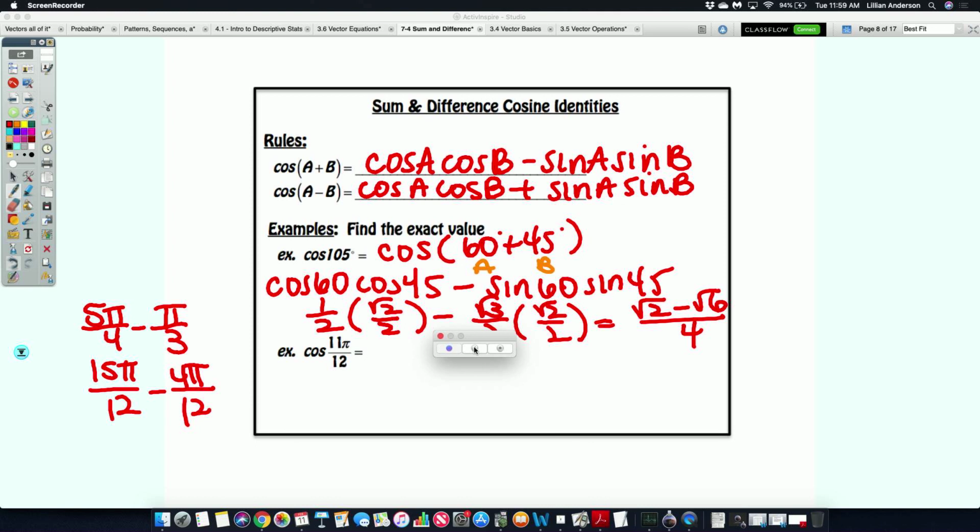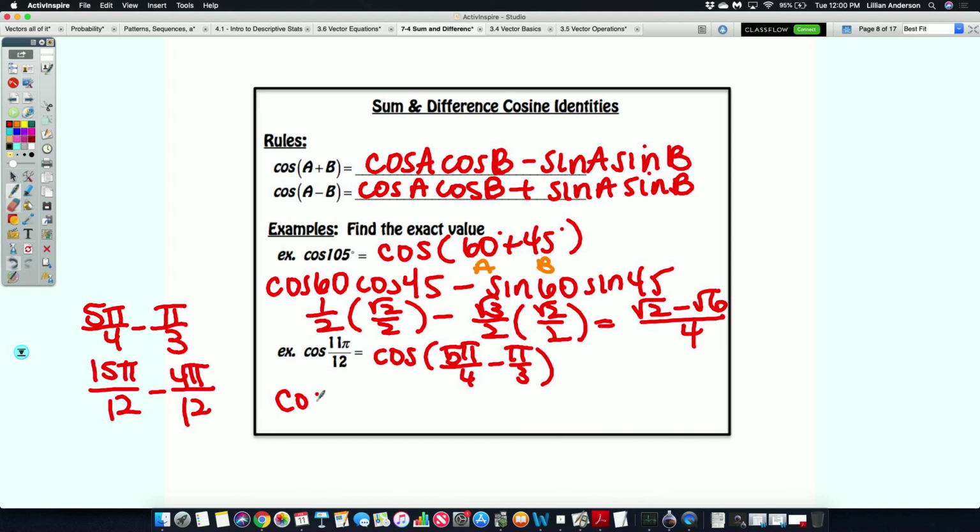You definitely want to find what those angles are, so that you know what your A and B are going to be. So 5 pi over 4 minus pi over 3. These aren't the only combinations that you can use to get 11 pi over 12. Whichever one you find that works, use that and go.